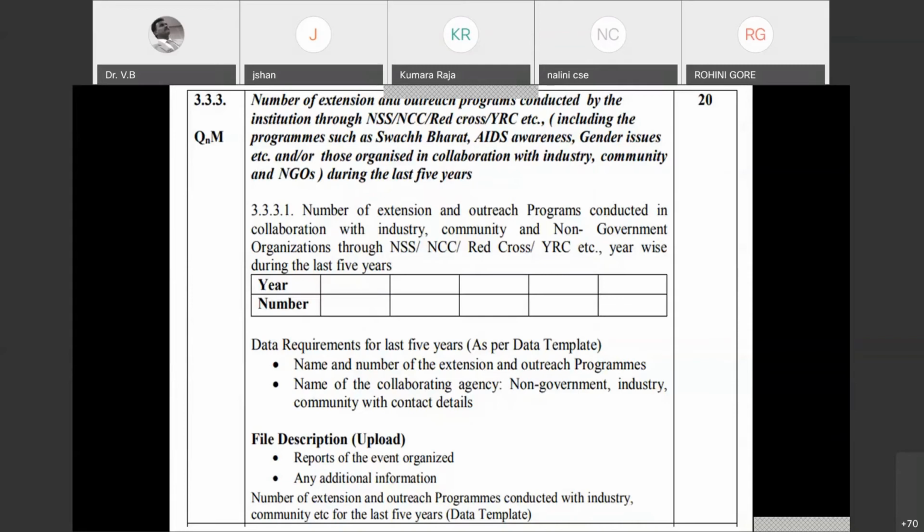Say you cleaned the temple premises or a government school premises, or you sponsored a water tank, or the students took classes for the government school students, small computer awareness programs, something like that. Then you need to have photographs of these activities.